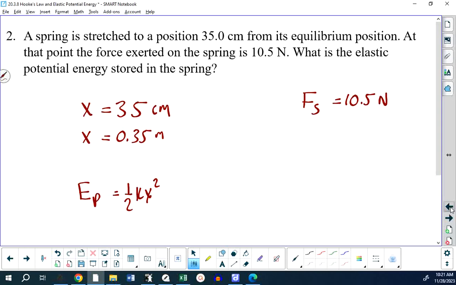No, not quite. Christina? Well, for K, we need 2 times the potential energy divided by x squared, like for the formula. Except we don't know the potential energy.